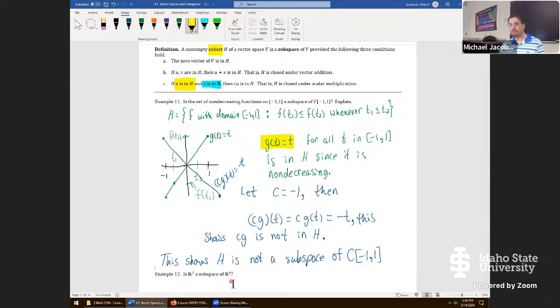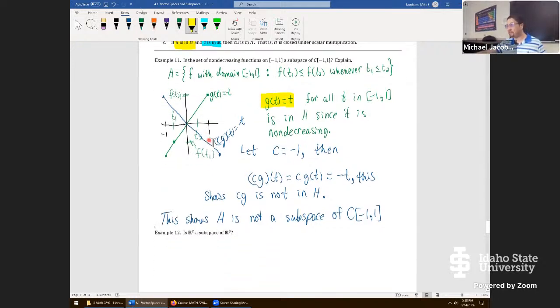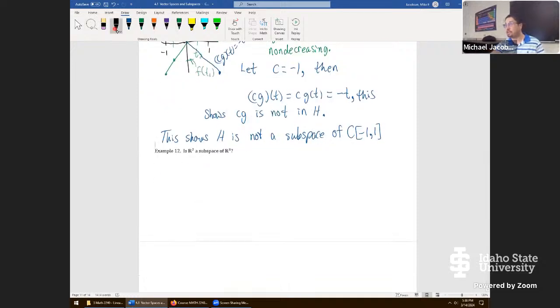And yet, people feel like this isn't quite right, that R2 should still be thought of as a subspace of R3, even though it's technically not. So there's a lot actually going on with this example. Let's first write out that R2 equals the set of vectors x1, x2, such that x1, x2 are in R.